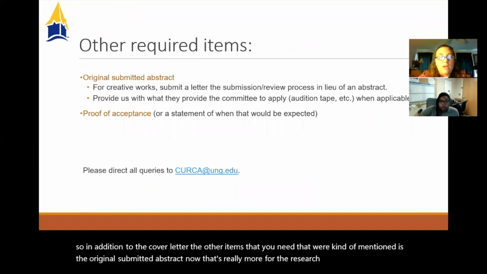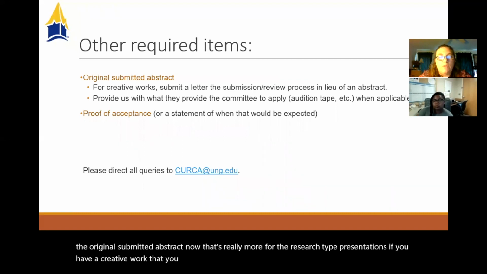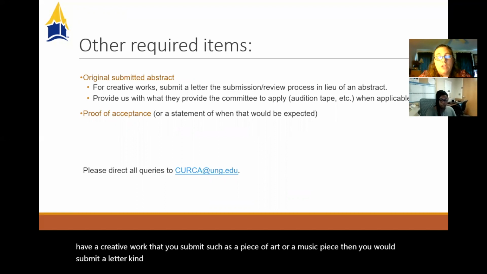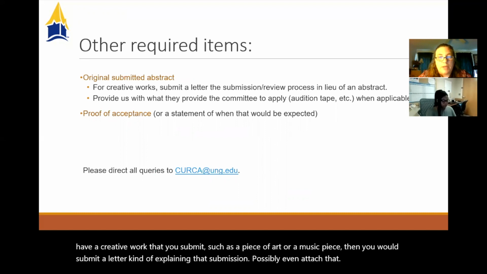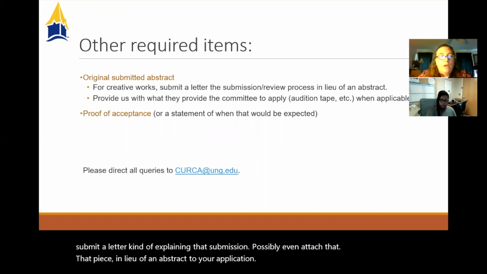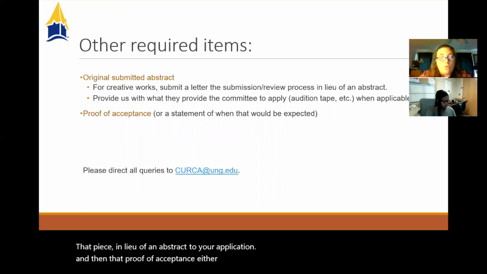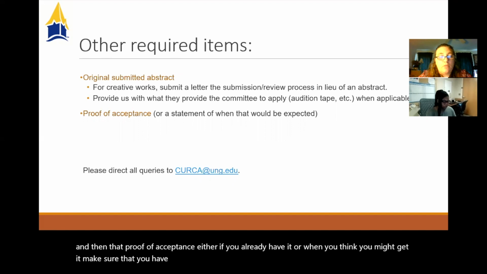If you have a creative work that you submit, such as a piece of art or a music piece, then you would submit a letter explaining that submission, possibly even attach that piece in lieu of an abstract to your application. And then that proof of acceptance, either if you already have it or when you think you might get it, make sure that you have a statement of when you might expect that response.